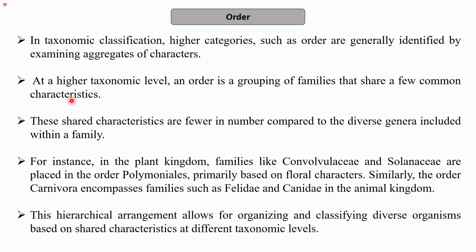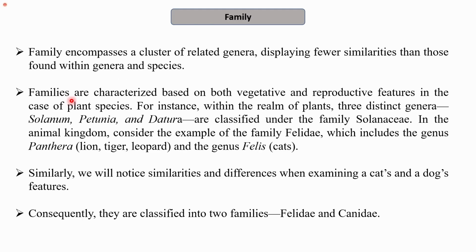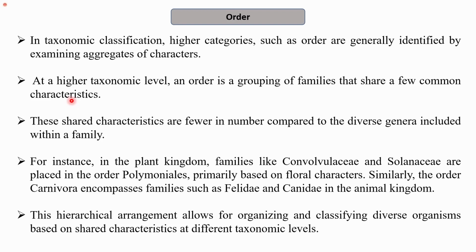Felidae and Canidae are different families, one belonging to the cats and one belonging to the dogs, but both of them belong to the order Carnivora. So as I move towards the higher taxonomic categories, the shared features lower down. The shared characteristics are fewer in number.